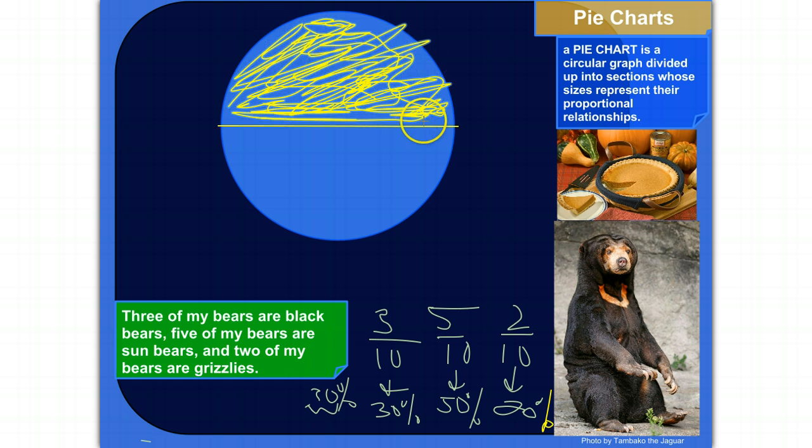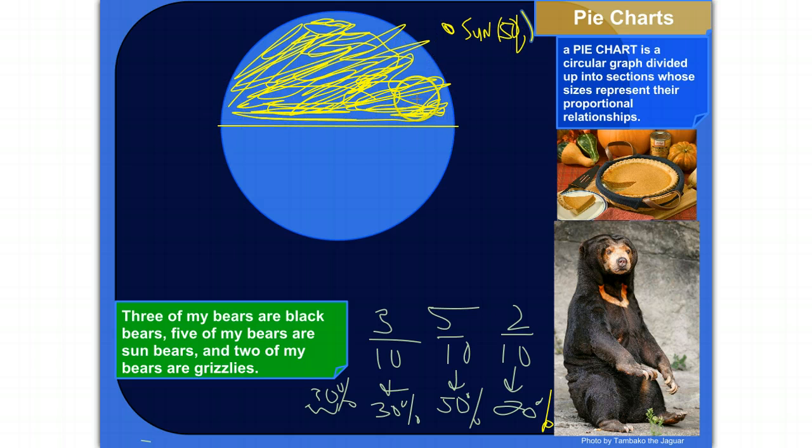Then I would label up here maybe just a little key that says yellow is sun bears. And if you want, you can label the percentage so people can see the exact number. Imagine that's a percent sign. That just helps them get the exact number here.